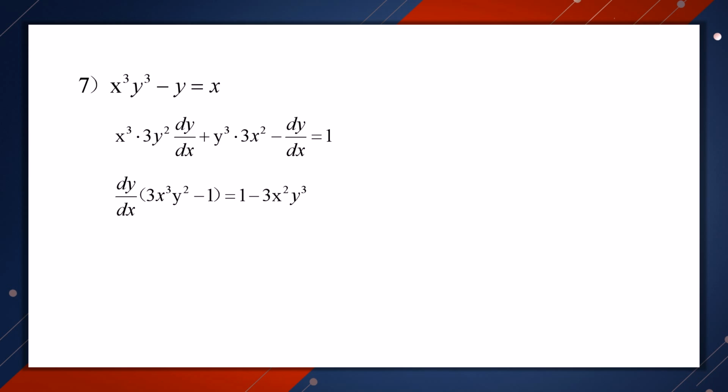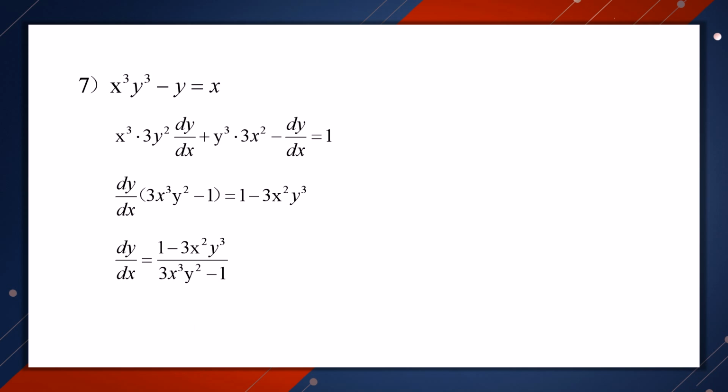And then we just simplify it and move everything with dy over dx to one side, and leave the other kind of function on the other side, and we will get derivative of y times 3x to the power of 3 times y to the power of 2 minus 1 equal 1 minus 3x to the power of 2 times y to the power of 3.